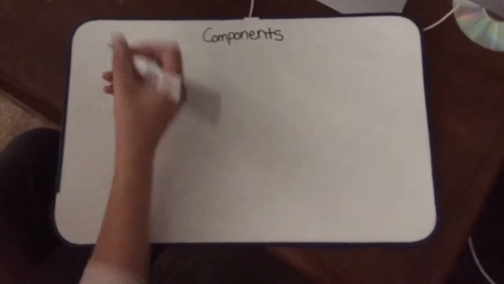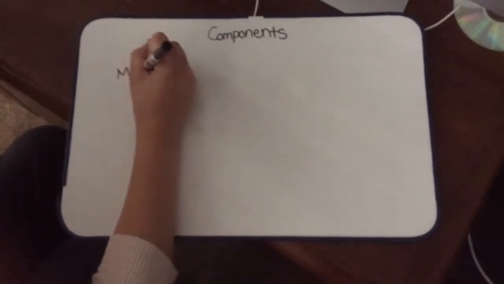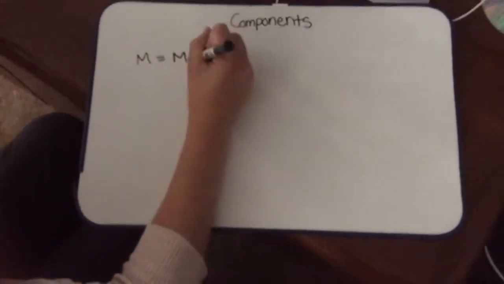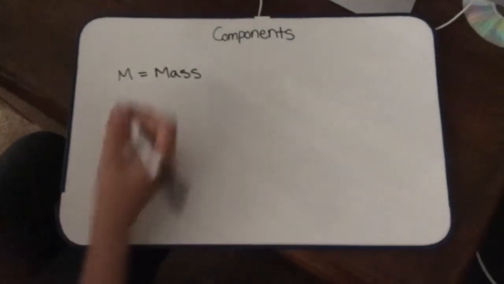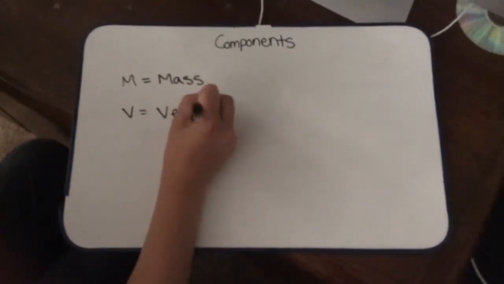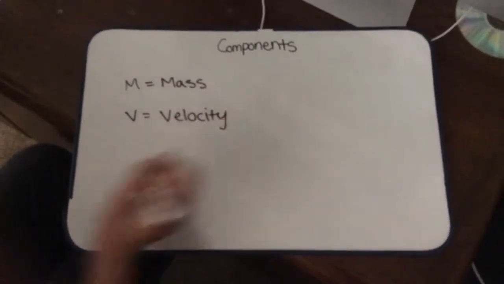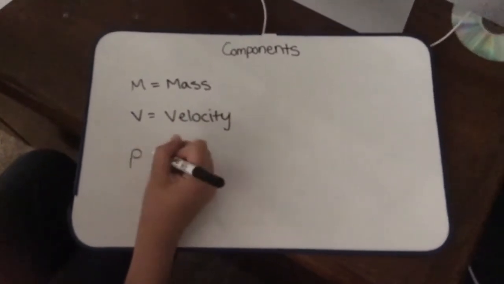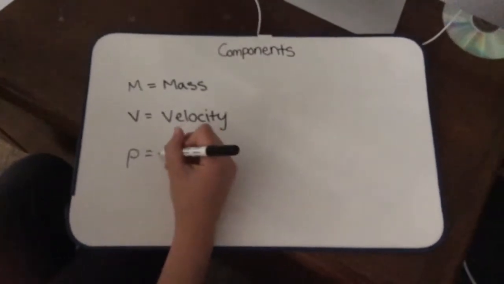So the components are M, which is mass, V, which is velocity, and P, lowercase p, which stands for momentum.